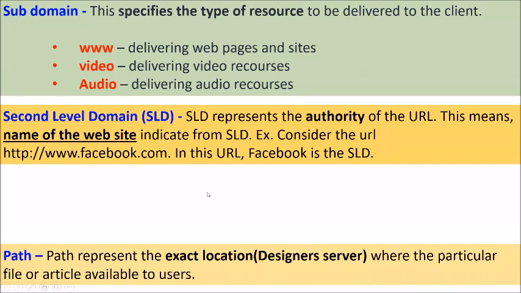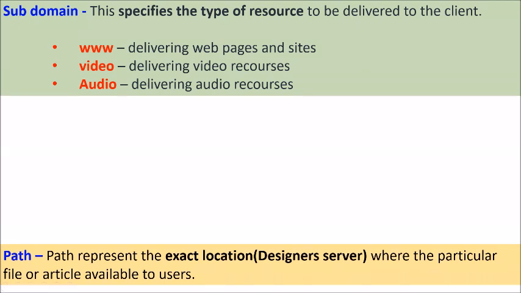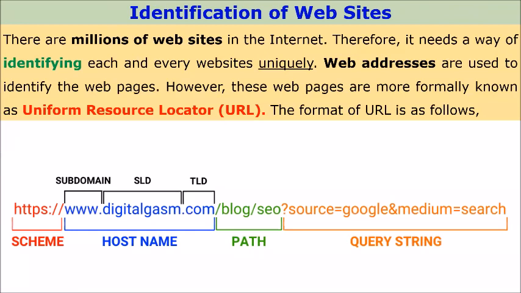Then after the SLD, look at the diagram again. What's the third part? Under host name, the third section is .com. That is called the top level domain, which indicates for which purpose this particular website is available.